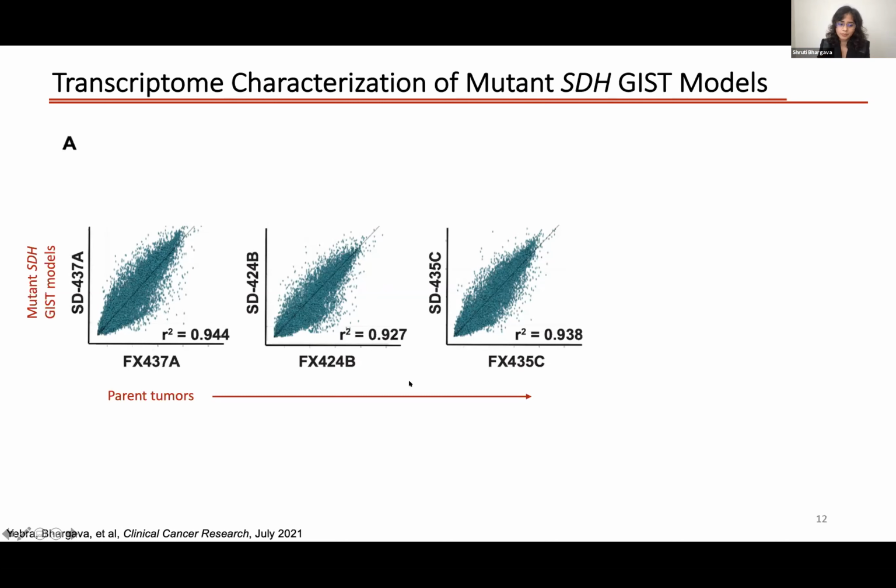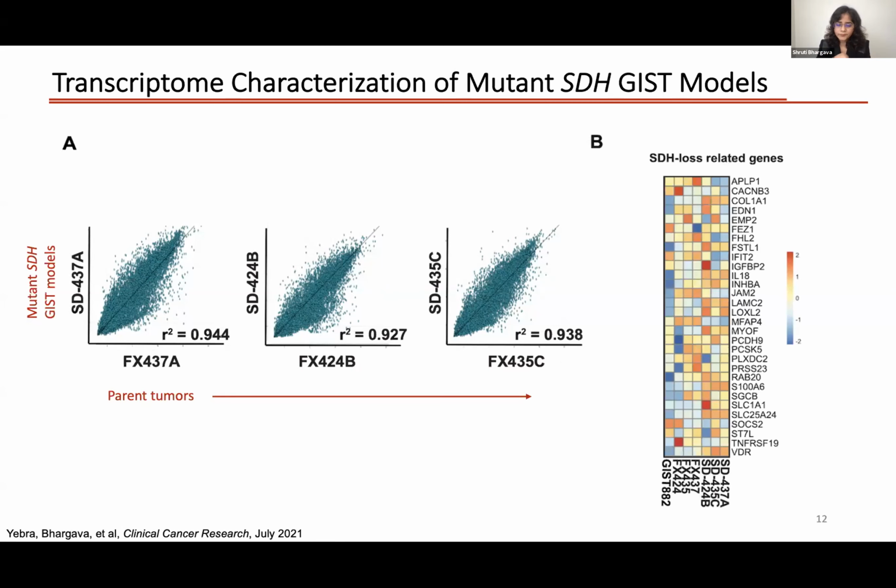You can see the high correlation ratios that we obtained, which suggests that the SDH models we have established are fairly similar to the parent tumors they are derived from. We also saw the gene expression signature associated with SDH loss to be highly present in the parent tumors as well as the established cell models, as compared to the KIT-mutant cell line.